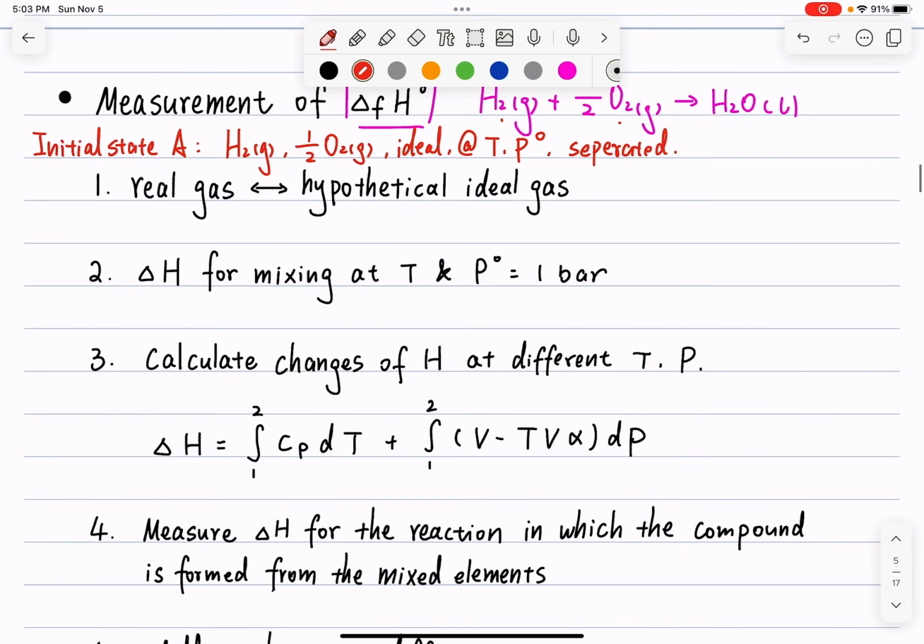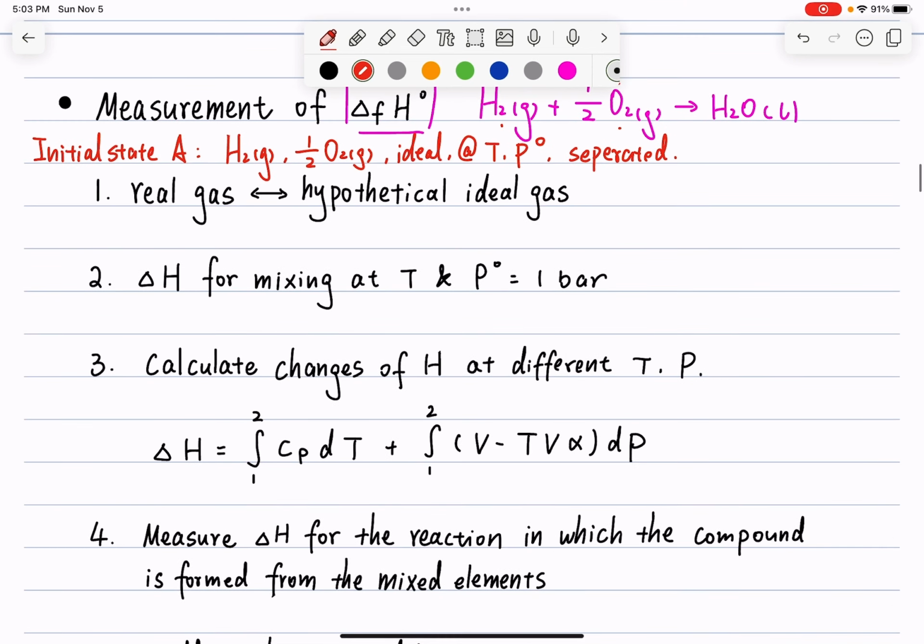Okay, so let's think about what is happening. In our first step, we need to make a transformation from the ideal gas, the hypothetical H2 and oxygen gas in their ideal form, to a real gas.